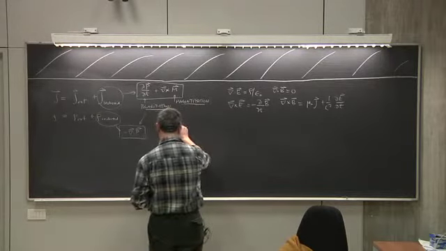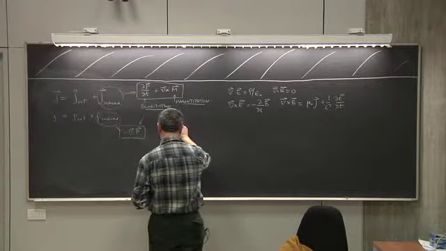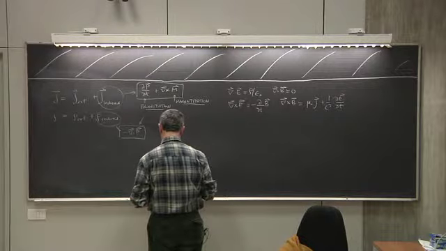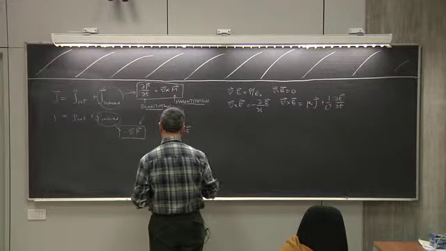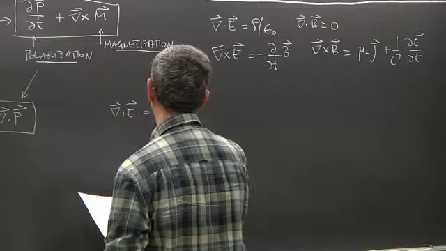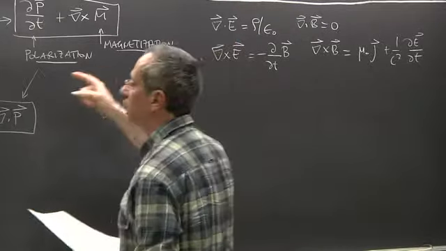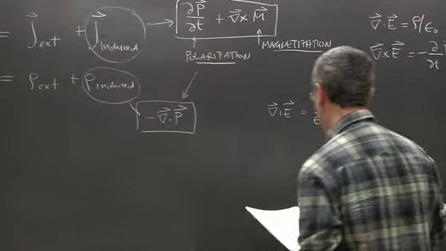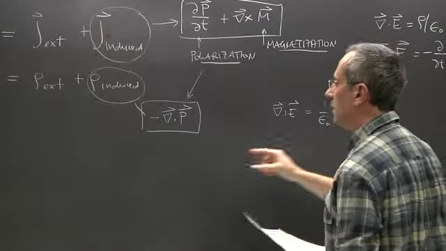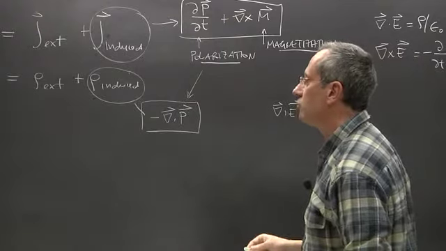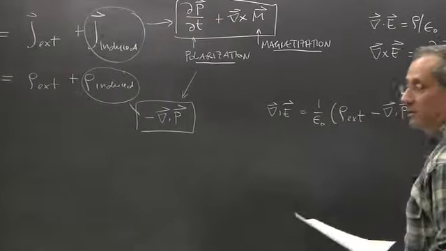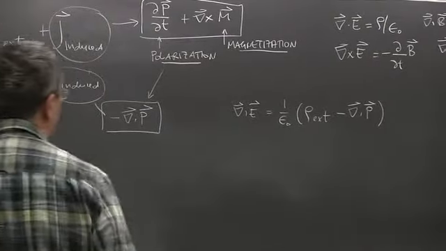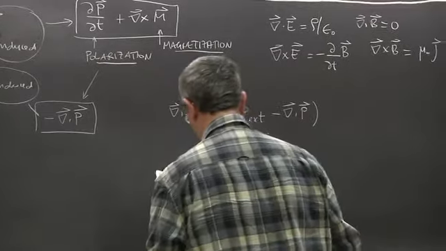So from the first one, I get divergence of E, let's write it this way, equals 1 over epsilon naught, then rho is really this plus this, okay, so I have rho external plus the induced charge density that, however, I want to write as minus the divergence of this polarization vector, okay? So this was for the first one.